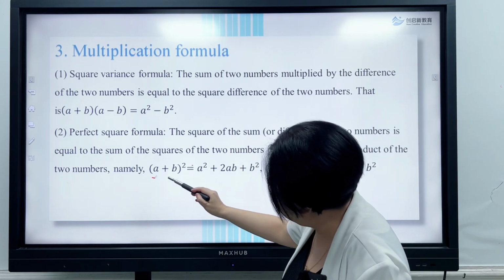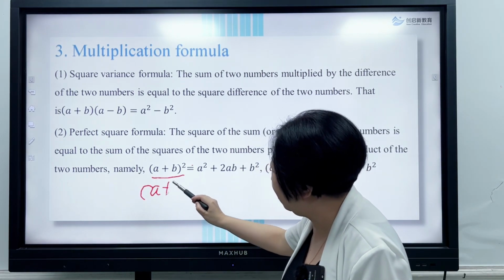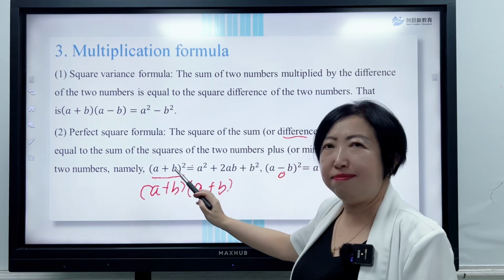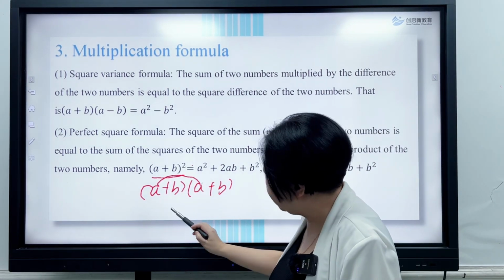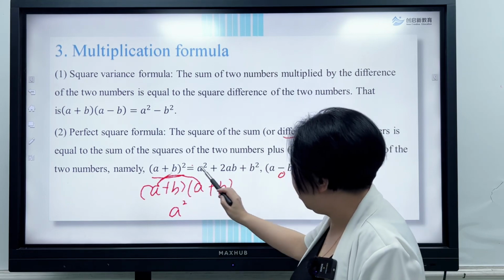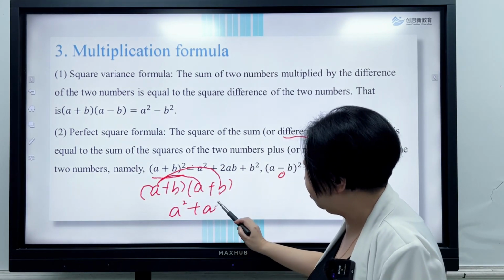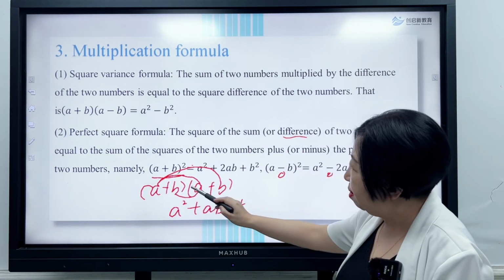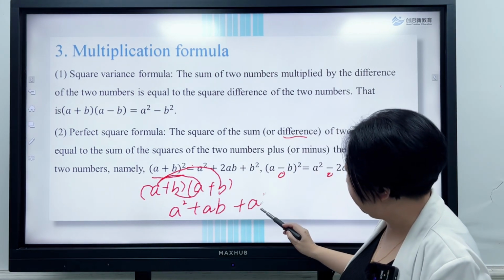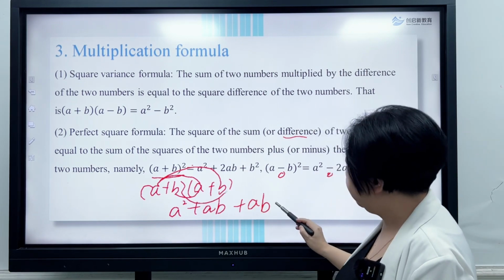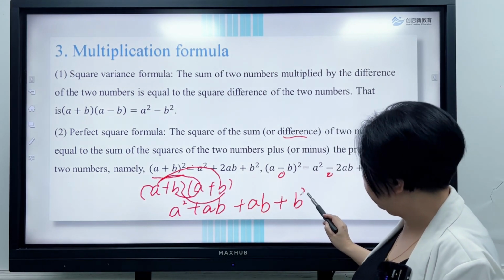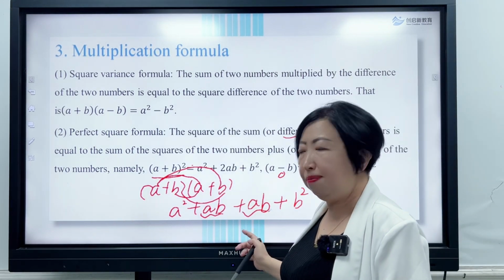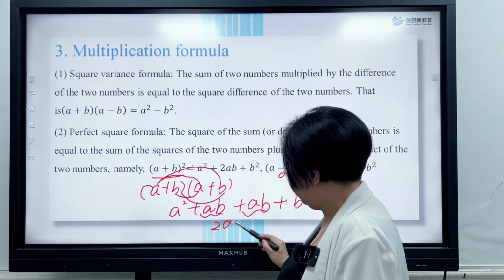Here, let's try. The square of the sum of a and b: a squared, plus a times b, plus b times a, which equals ab, and b squared. Here ab plus ab, of course, is 2ab.